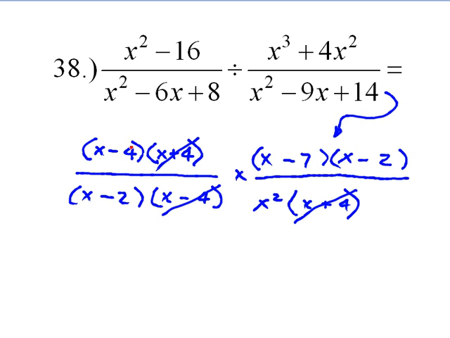Here's an x minus 4, here's an x minus 4. Here's an x minus 2, and here's an x minus 2. I think that's all we can do. So we end up with x minus 7 over x squared. Looked bad from the beginning, but you're just using your skills.